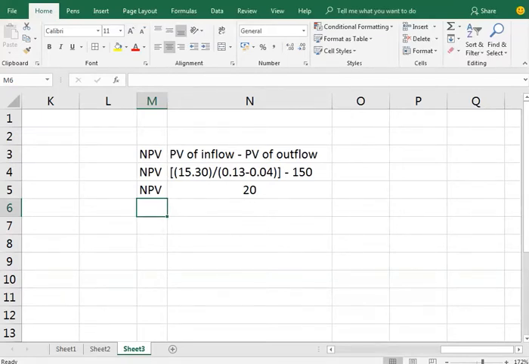Any doubts in this? Clear? So you can write there, the company should go ahead with the project as it generates a positive NPV of 20 crores.